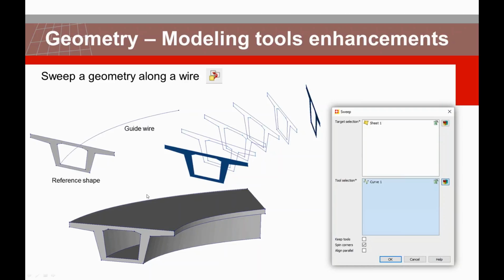And you can see the program automatically, you can say it's perpendicular or it's projected, and the program generates a solid body out of your 2D section. So this way you don't need to worry about any slope of your curvature in the bridge or any segments. You only need to define the reference guide curve and the one 2D section, then you end up with the final three-dimensional solid model.